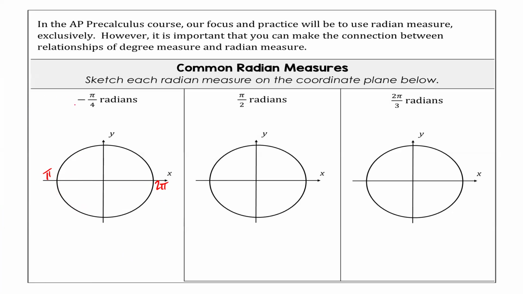So if I'm looking for pi over 4, that means I am taking just the first half and dividing it into fourths. So this would be half a pi, right? So then each one is half of a pi.